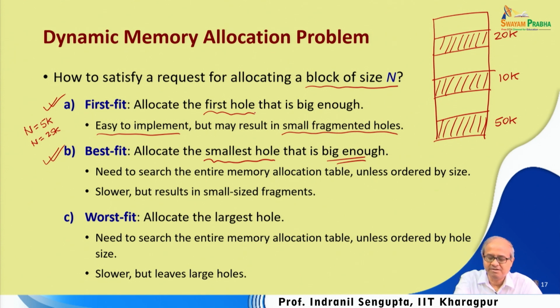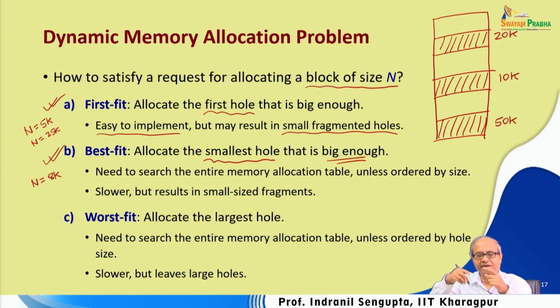What does that mean? Let us say you have a request for n equal to 8k. Among the 3 holes, all 3 are big enough, but which is the smallest of them? 10k. It will be allocated to the second hole. So, 2k will be the additional space that will be wasted.